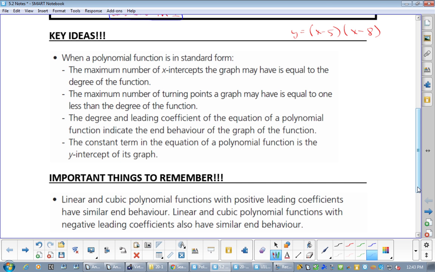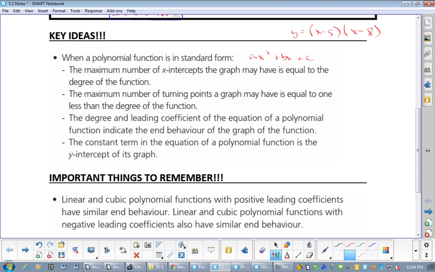Okay, so here is just a bunch of knowledge that's really important, good stuff for study sheets. So we're just going to go through, okay? When a polynomial is in standard form, okay, what's standard form? Ax squared plus bx plus c, right?